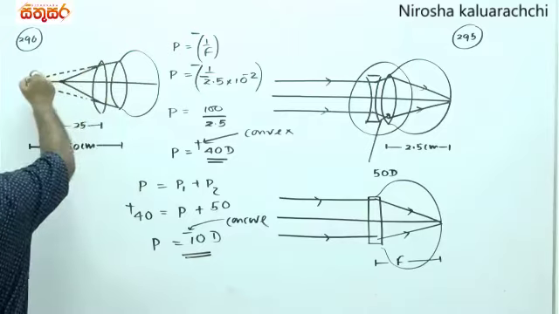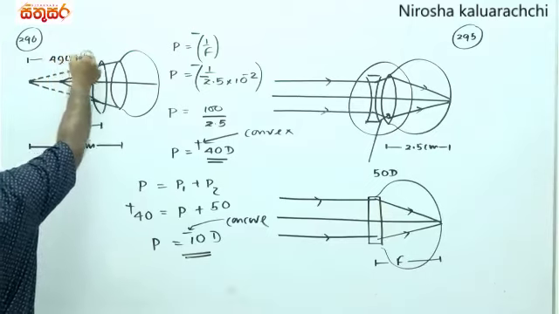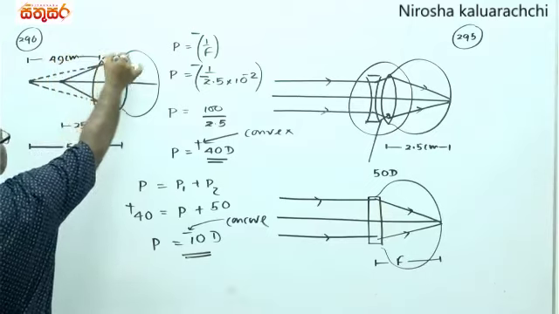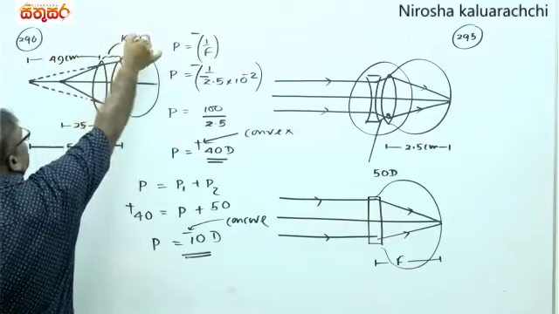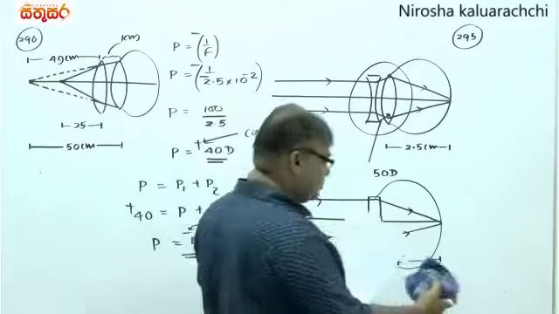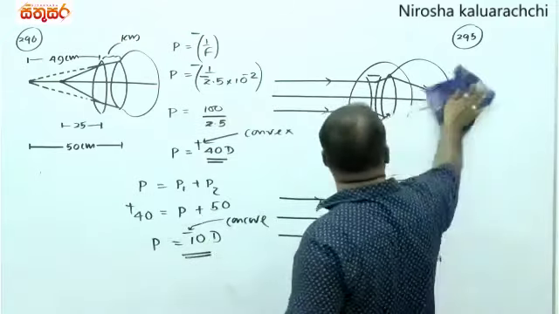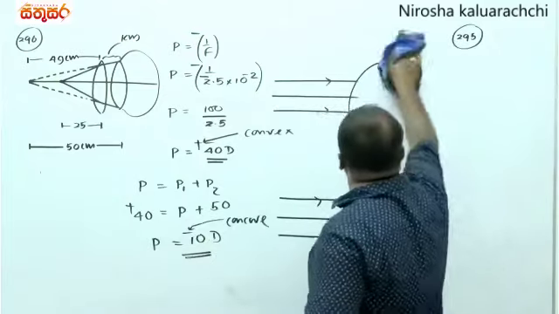Then from here to here, image distance should be 49 centimeter, as it is mentioned this gap is 1 centimeter. Done. This is the arrangement of the ray diagram for the question.